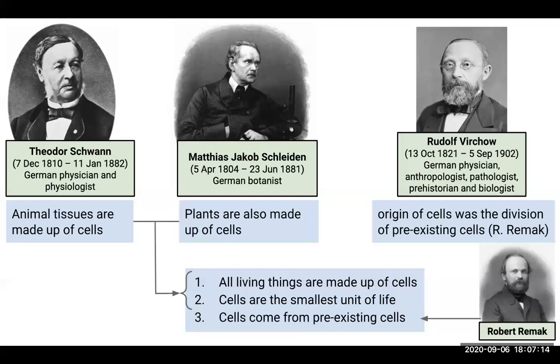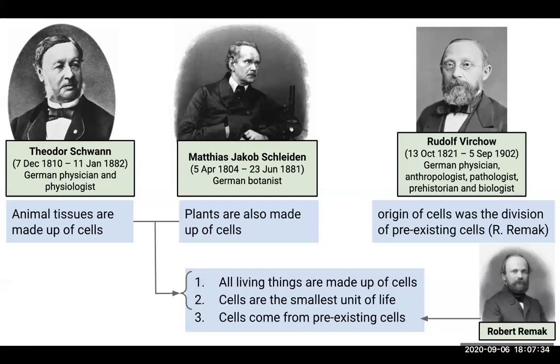Now, I know that some of you have a question: if all the cells are coming from pre-existing cells, then where does the first cell come from? This is an extremely well-researched topic, but we don't have an answer for it yet.